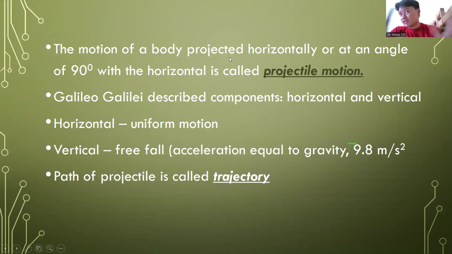So earlier, they just highlighted it, but you should always take note that the motion of a body projected horizontally or at an angle of 90 degrees with the horizontal is called a projectile. When there is a 90 degrees angle with the horizontal, we write it here. This is what we call 90 degrees.